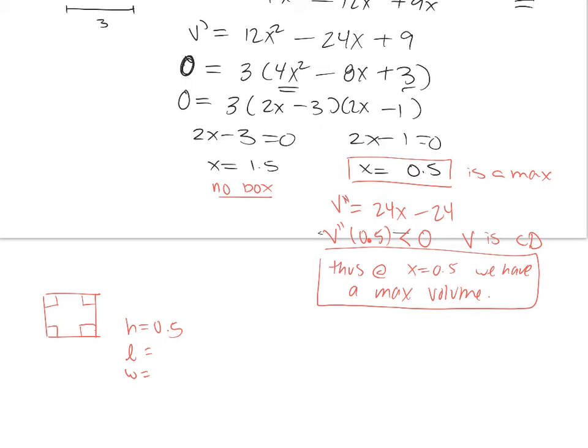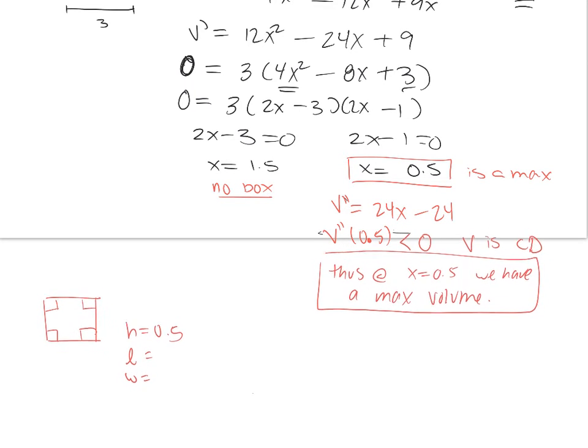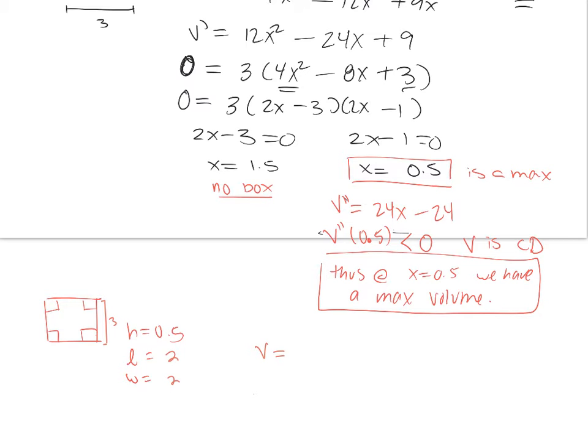So it's 3 minus 1, so it'd be 2, wouldn't it? Because this was 3 from end to end, right? You took out half a foot on each end. Just put that 0.5 in: 3 minus 2 times 0.5. So the total volume is 1/2 times 2 times 2, or 2. And what were the units? Cubic feet, right?